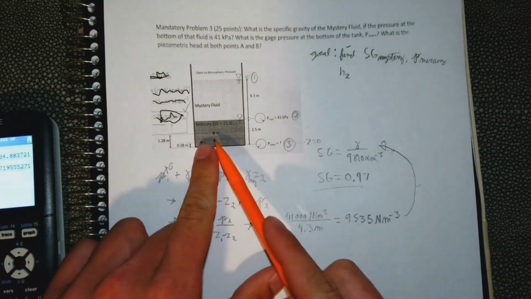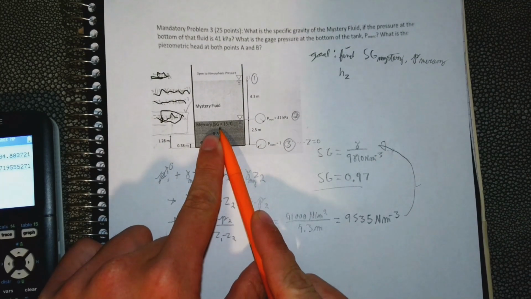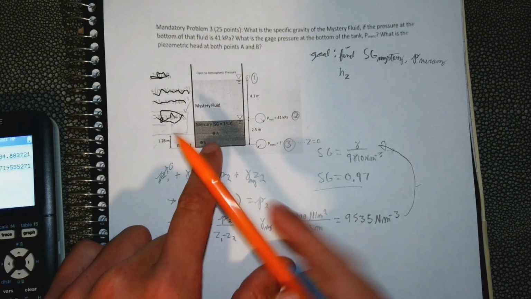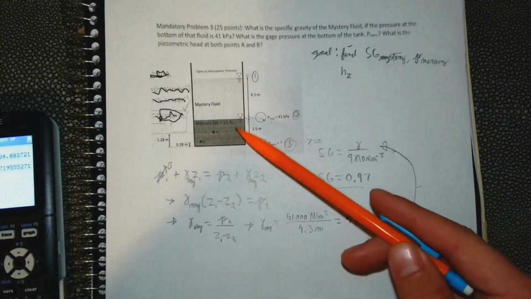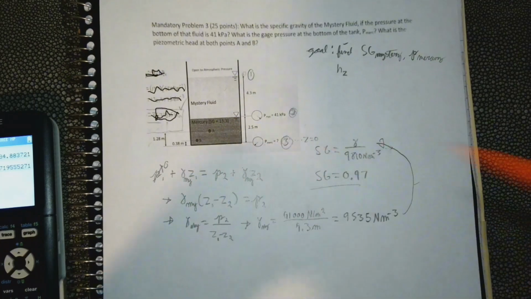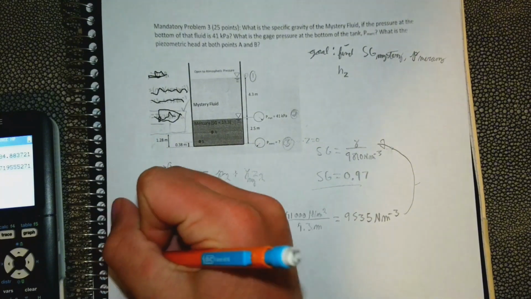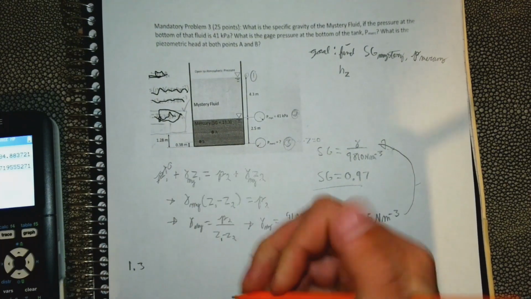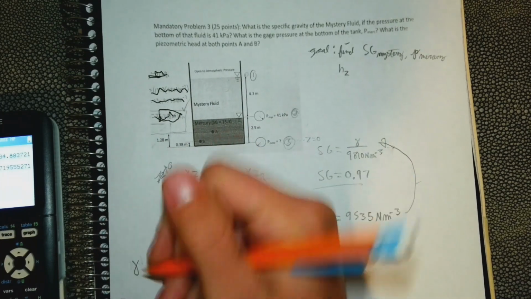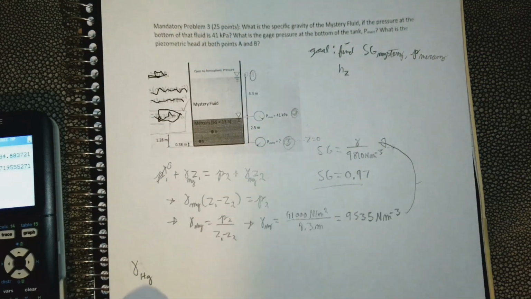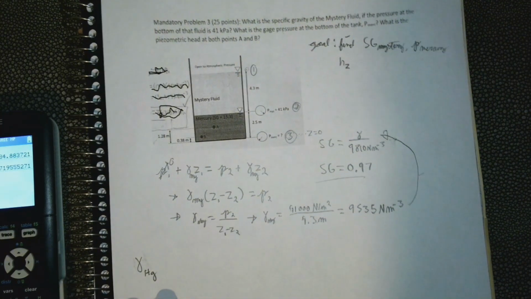Okay, so they give us the specific gravity of the mercury. So let's use the specific gravity of the mercury to find the specific weight of the fluid mercury. So specific weight. So then I'm going to put Hg for mercury. Hg in the periodic table represents mercury, so that's why I did that.